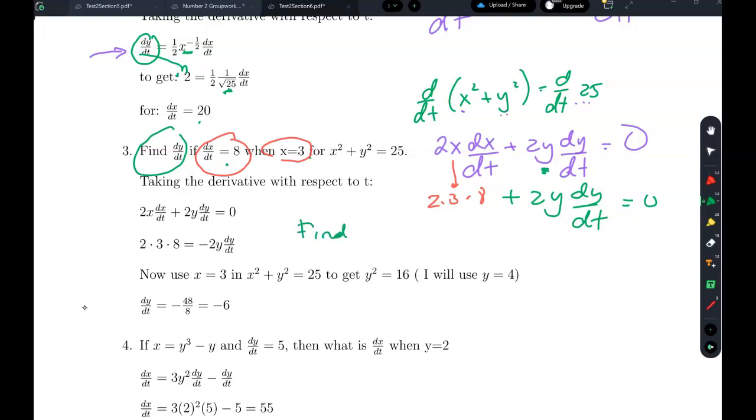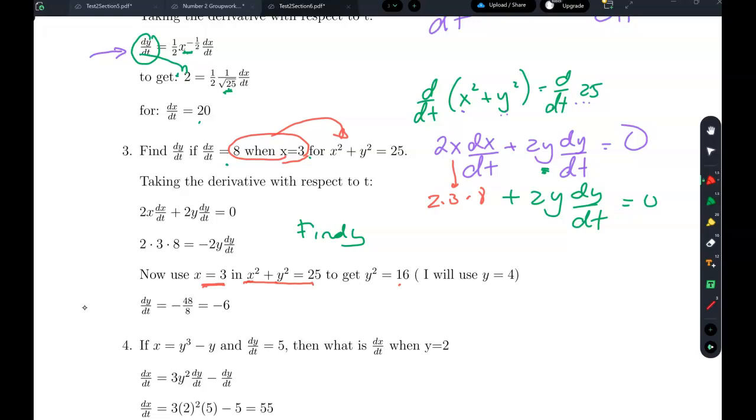So find y. So what I want to do for that is I want to plug in my when information into my original equation. So use x equals 3 into here. And if I put 3 in here, I get 9. I subtract. So I'm going to say, I know y squared is equal to 4, so y is plus or minus 2. We're going to go positive because this is going to be in word problems.